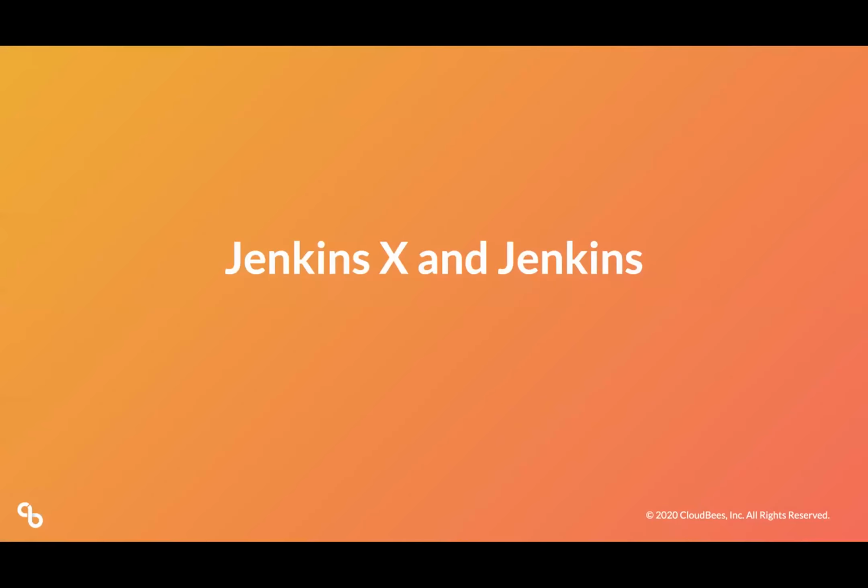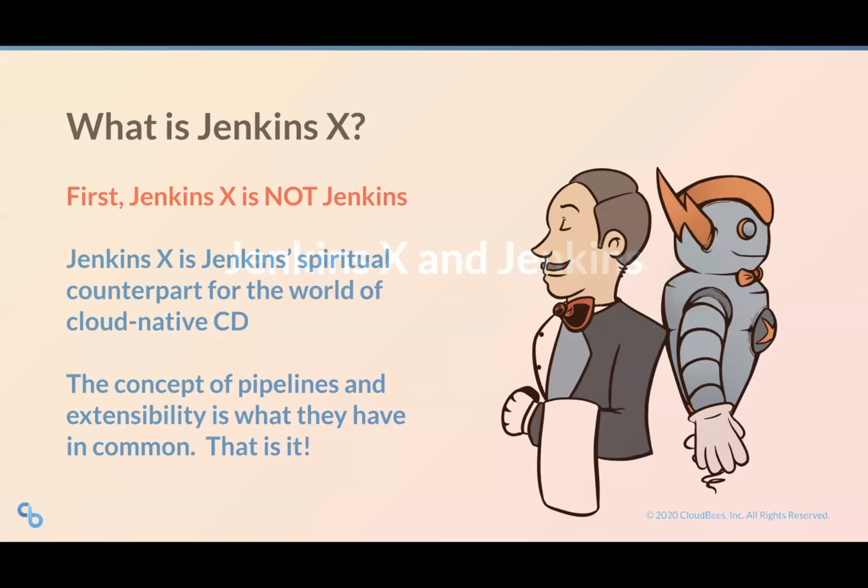So the first thing I want to clarify is that many people see Jenkins X and Jenkins, and they think it's a sub-project or some related project. The truth is that they are just spiritual counterparts, right? The only thing in my mind that stands out as a common factor is the pipeline concept, right?